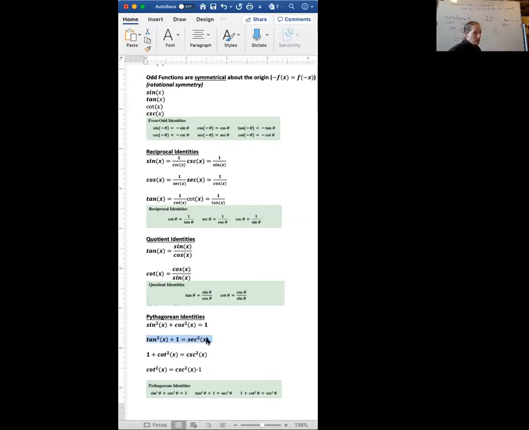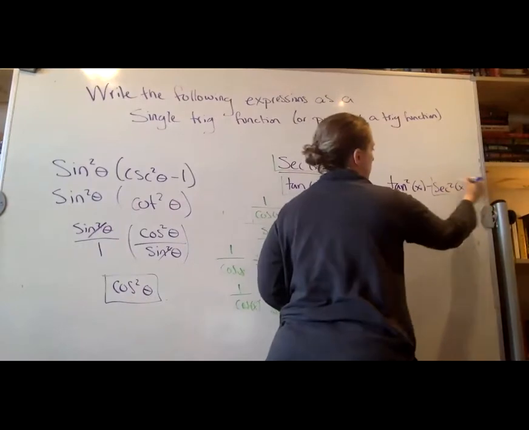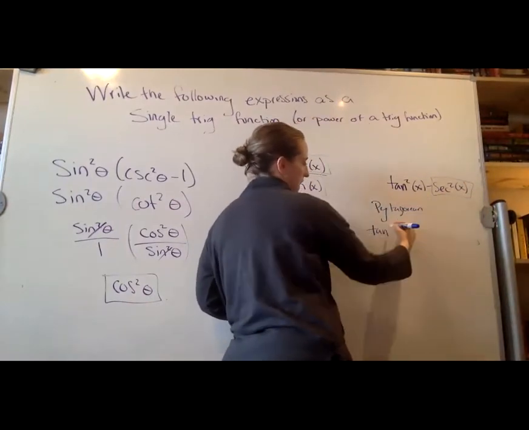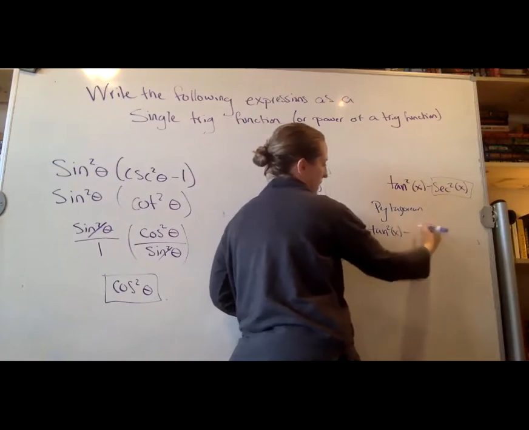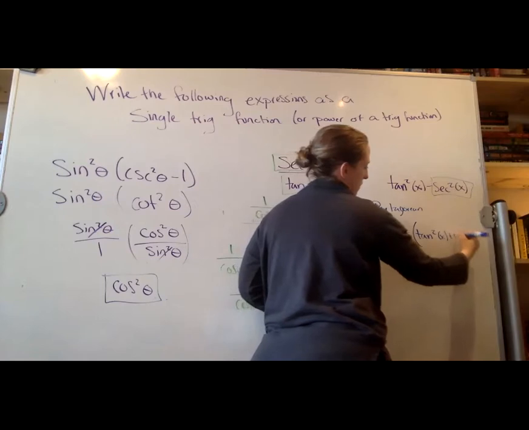Notice that secant squared is equal to tangent squared plus 1. So let's look and see what happens when we just do that substitution. Replace secant squared with tangent squared plus 1. So I've got tangent squared minus, I'm replacing secant squared with tangent squared plus 1.